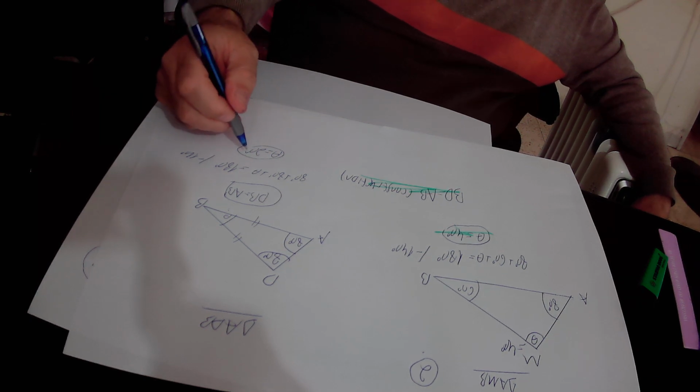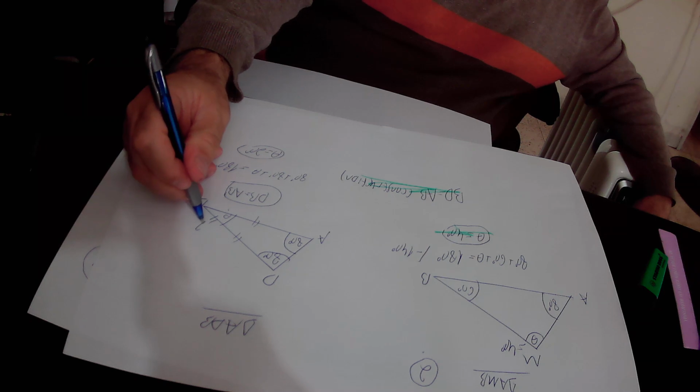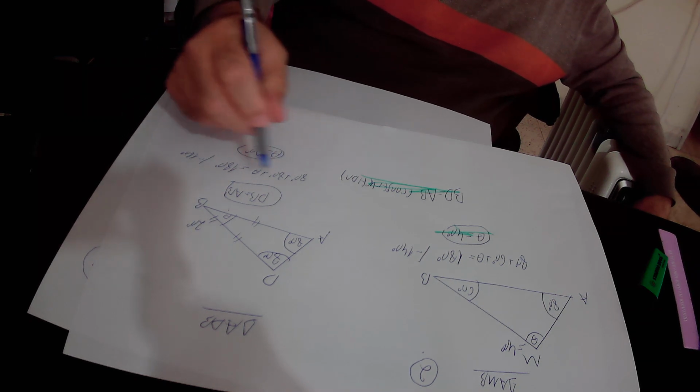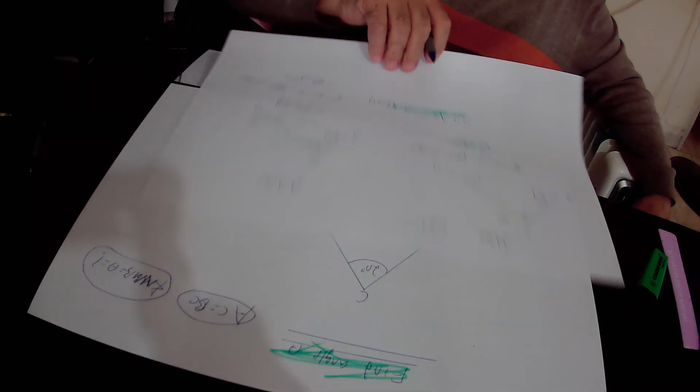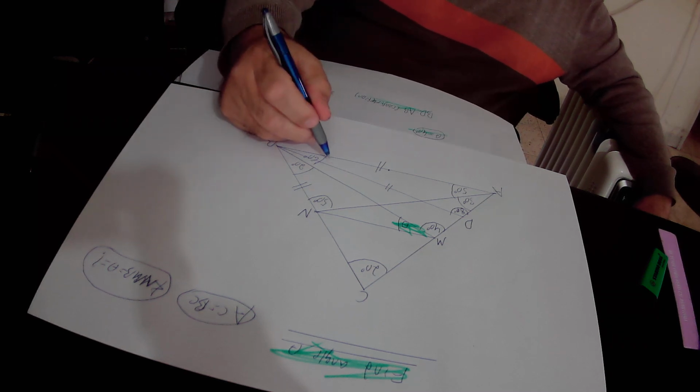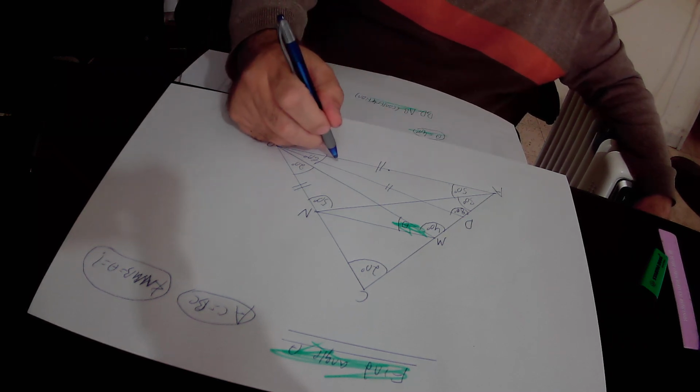The missing angle is equal to 20 degrees, that is to say angle ABD equals 20 degrees in its size. This is angle ABD that is equal to 20 degrees in its size.